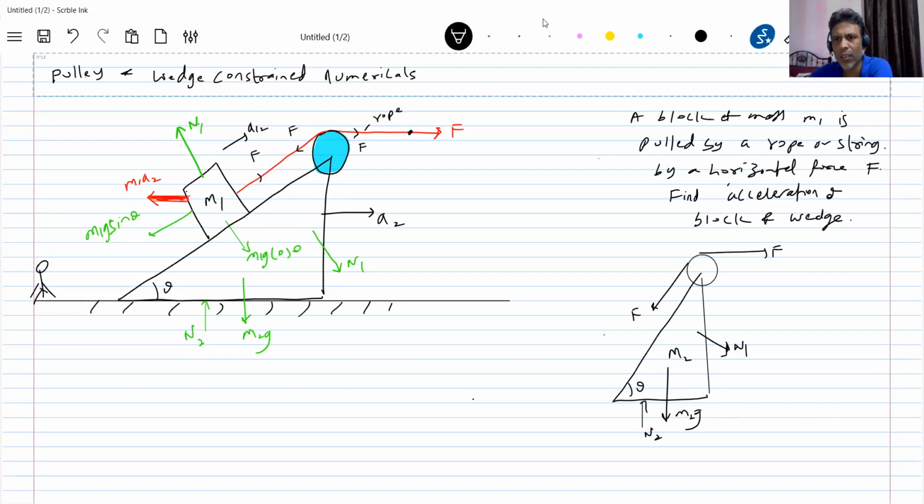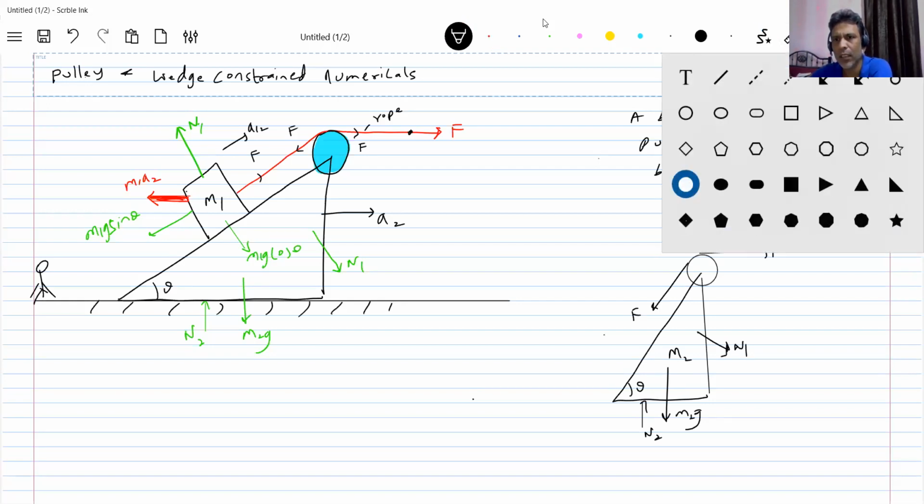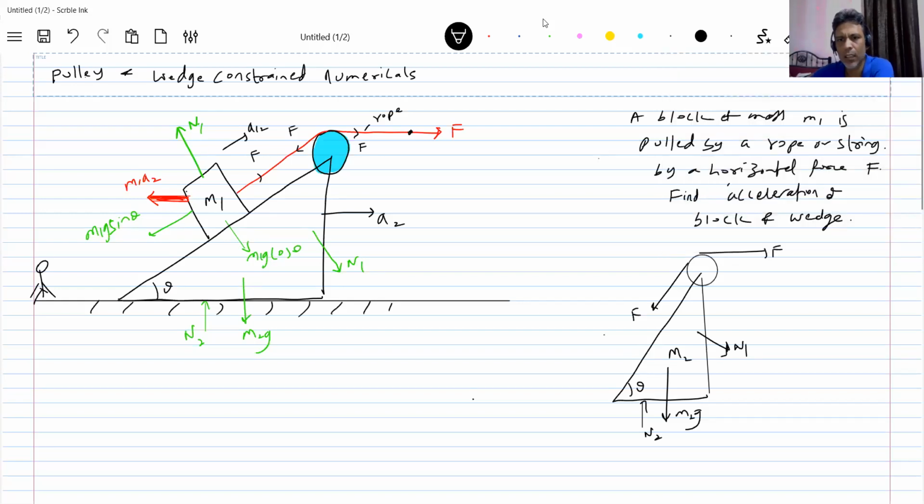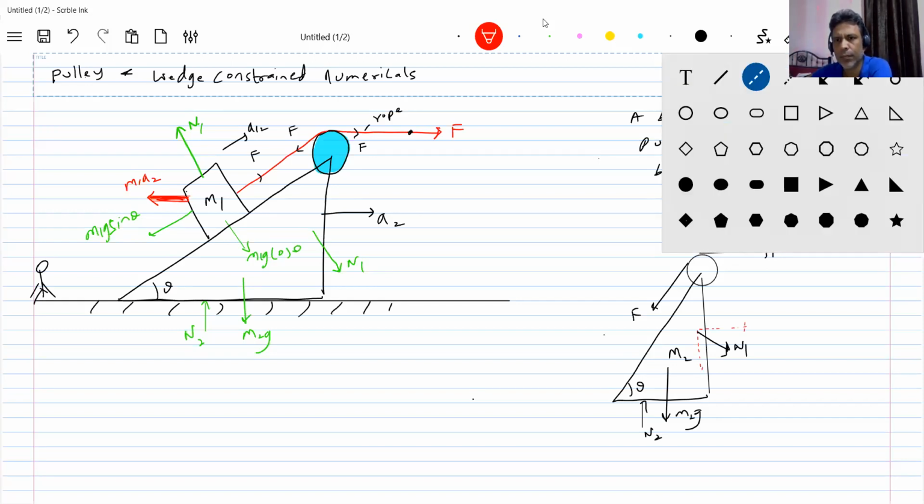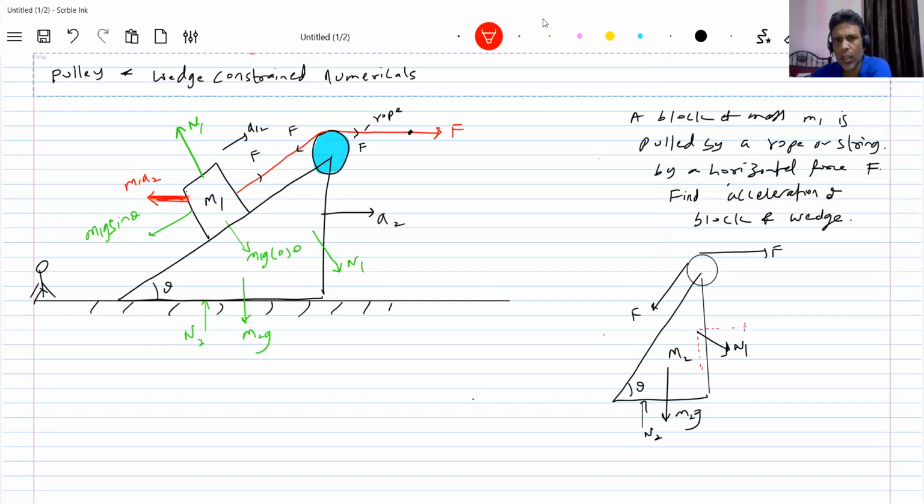So let me resolve the forces here now. This N1, if I resolve it, how much will I get?